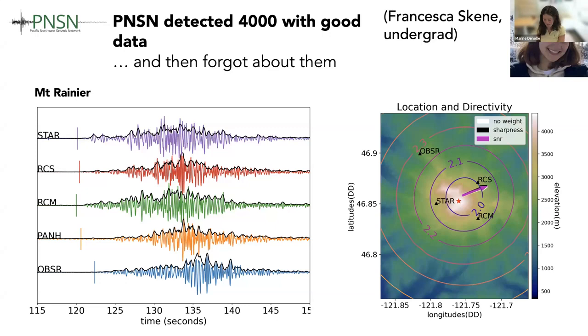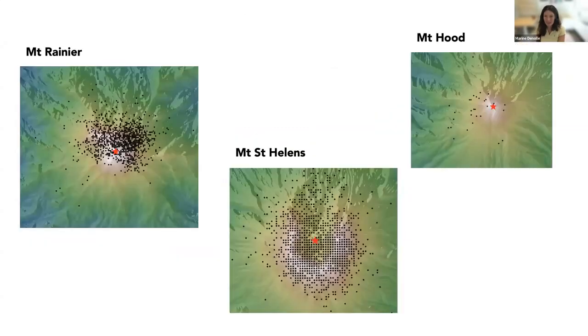So then Francisca located all these events, and you see these maps of Mount Rainier, Mount St. Helens, Mount Hood. The density of the number of events reflects the density of the seismic network, so there's a strong bias there. But nonetheless, you can see that using stations around, which are not shown here, we can locate the events being mostly on the top, from Mount Rainier being kind of northeast.